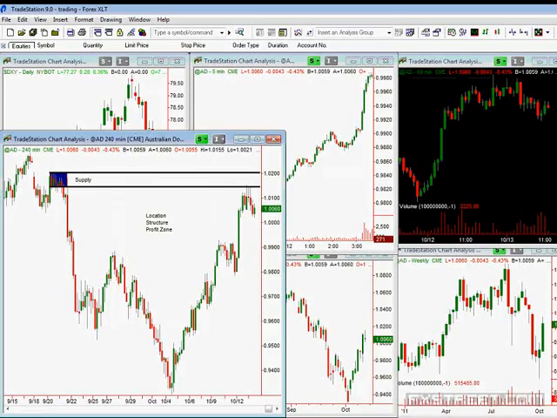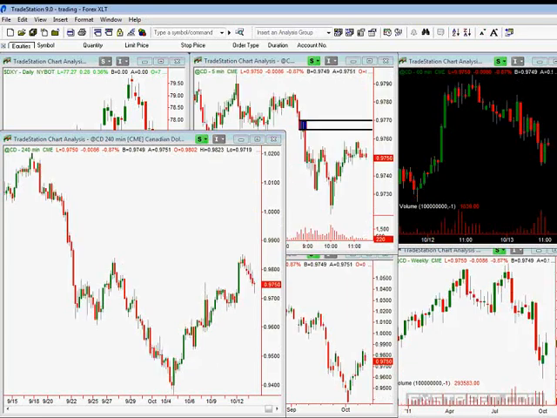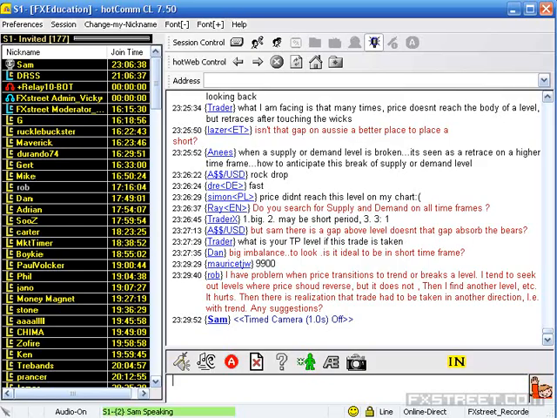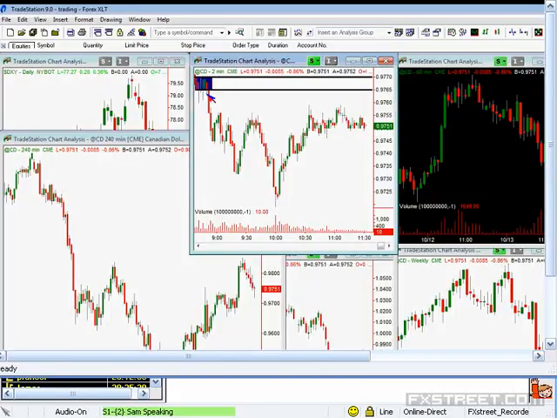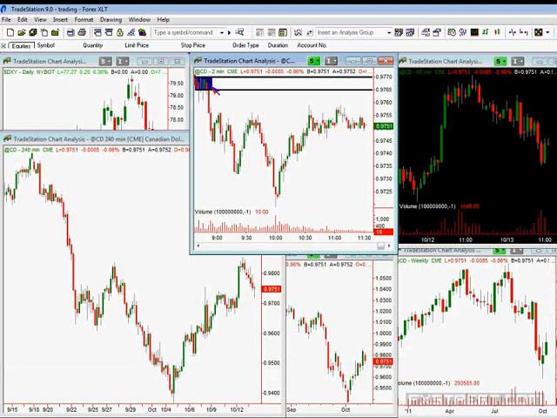But structure, what we're talking about with structure is quality of the level, right? Let me go back to our Canadian here real quick, okay? And go back to a 2-minute. So structure-wise, okay, that's not a bad level.